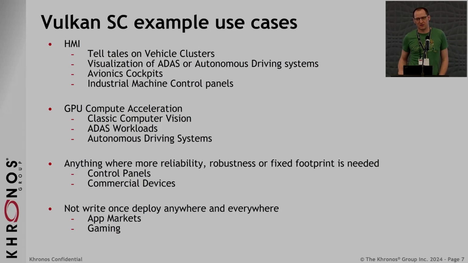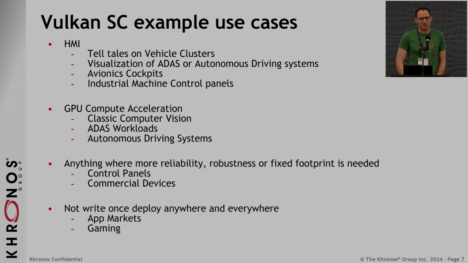These are things like telltales on the vehicles, ADAS, autonomous driving systems, all the things you'd expect. Compute is an increasing focus. All the ADAS and autonomous driving systems are using huge amounts of GPU compute. And that's another area where, obviously, if the self-driving car goes wrong, someone might get injured, so that's another safety critical use.